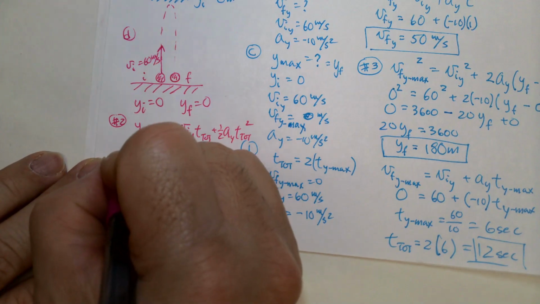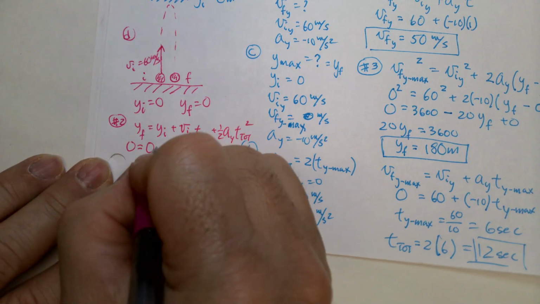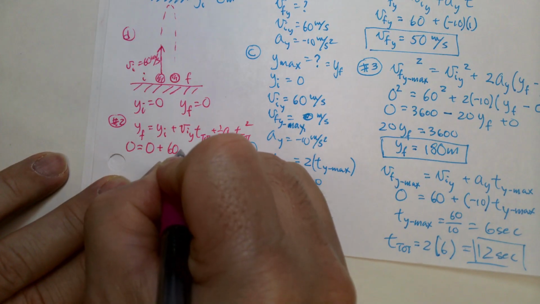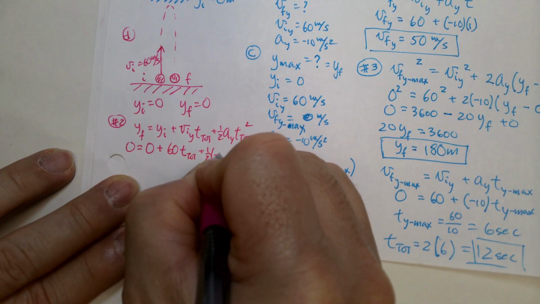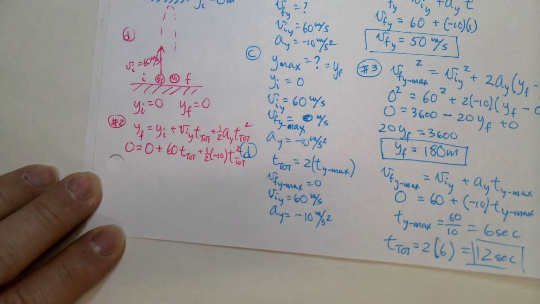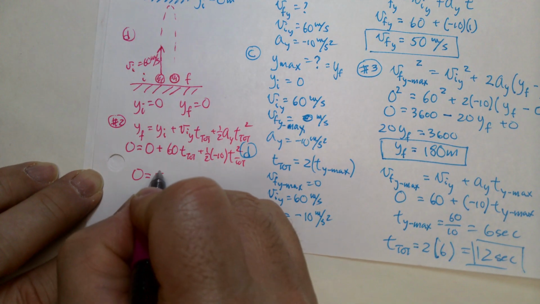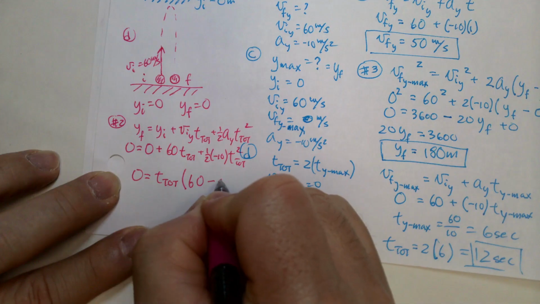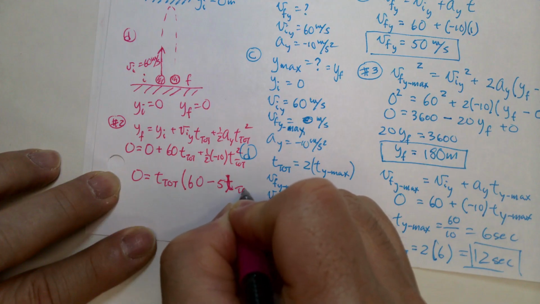Okay? So here, 0 is equal to 0, so both are 0, plus VIY, which is 60 times t total, plus 1/2 times negative 10 times t total squared. So if you work this out, 0 is equal to, I'm going to factor out one of the t totals, and 60 minus 5 t total.